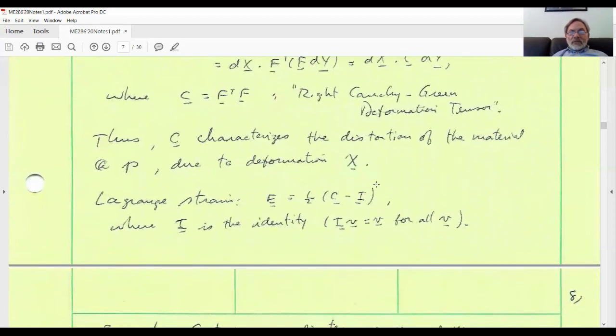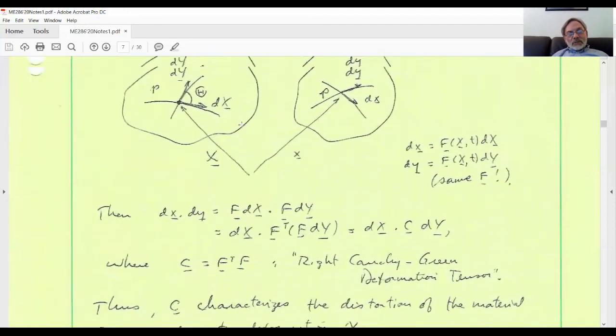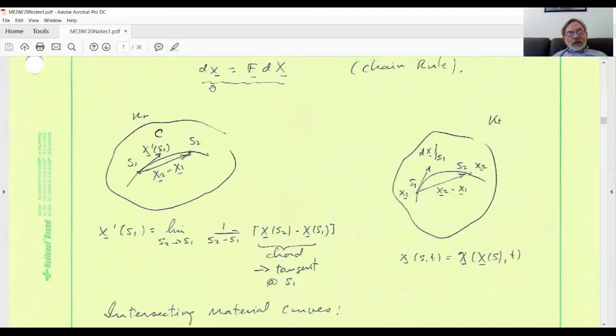A measure of distortion that is more commonly used in engineering in any case is the so-called strain. Here we call it Lagrange strain, which has the property of vanishing when the body is undeformed. When the body is undeformed, you have here d small x is simply d capital X, so F is the identity.